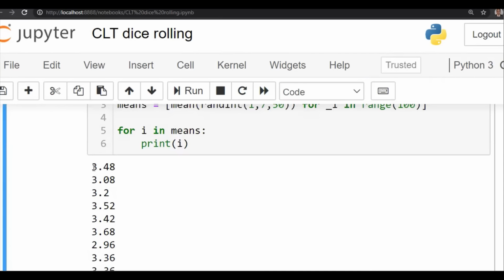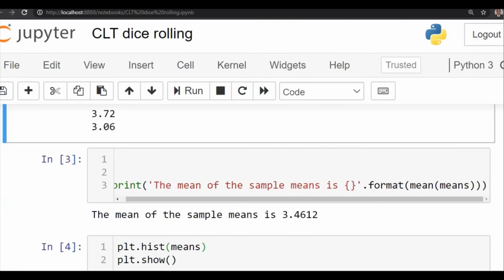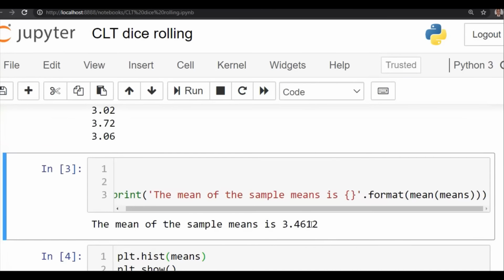A die is rolled 50 times, and we have this mean of the 50 outcomes. This is the mean of the second 50 outcomes. This is the mean of the third 50 outcomes, that way. And we have to find the mean of all these means. That should be 3.5. We didn't get it here. We reached up to 3.46. We want to reach 3.5.